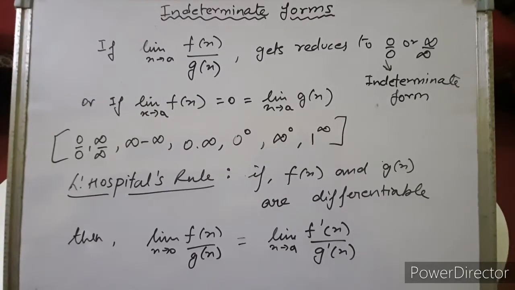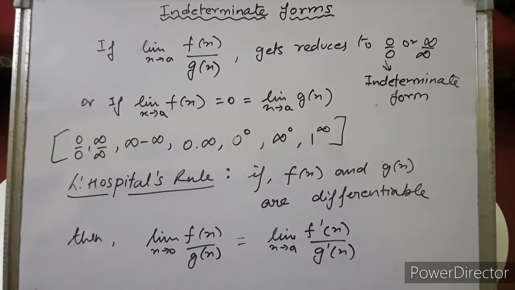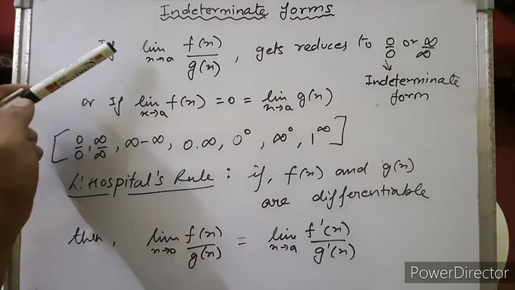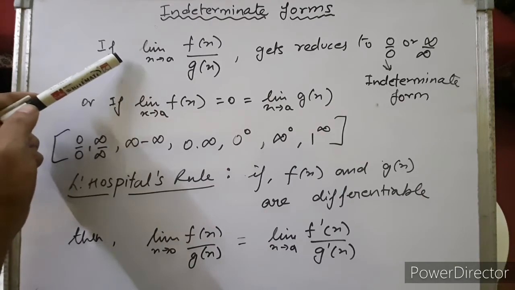Children, today we are going to start with a new topic, indeterminate form. First we are going to discuss indeterminate form, and then we will discuss L'Hospital rule, right? Suppose we have the limit as x tends to a of f(x) upon g(x).